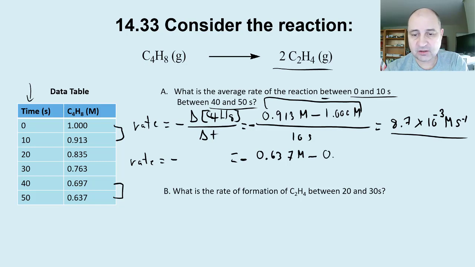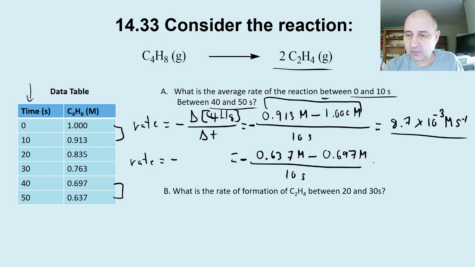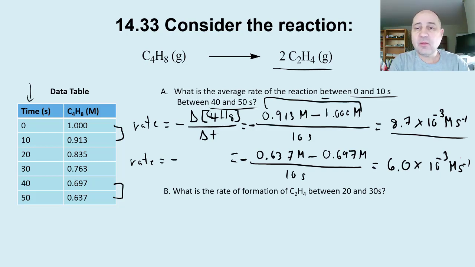Initial concentration is 0.697 M. Also 10 seconds. And that gives me a rate of 6.0 times 10 to the minus 3 M per second. So slightly lower than the rate earlier on. As you deplete the reagent, the rate is going to slow, so that answer makes sense.